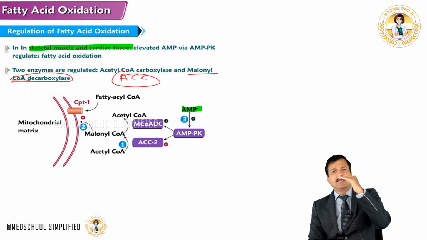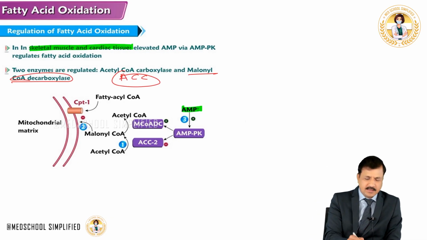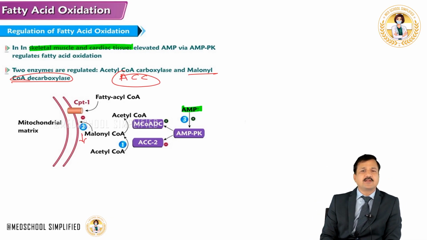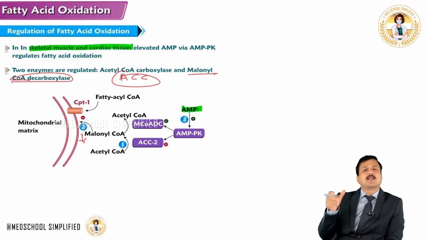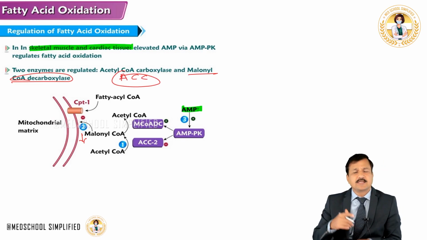So like this, increased AMP during muscle contraction activates AMP activated protein kinase, which is going to inhibit acetyl-CoA carboxylase, thereby decreasing the conversion of acetyl-CoA to malonyl-CoA. That will decrease malonyl-CoA levels. On the other hand, whatever malonyl-CoA is already there will be decarboxylated to acetyl-CoA, done by malonyl-CoA decarboxylase.